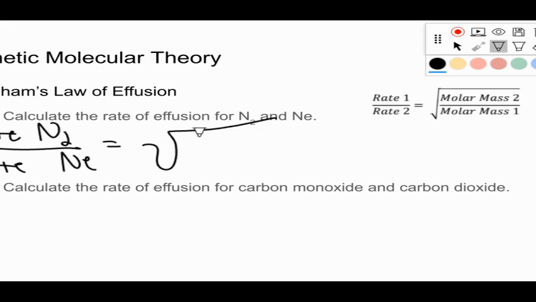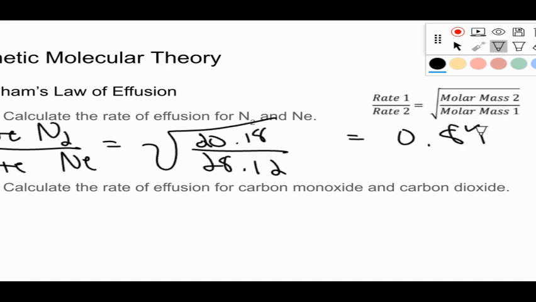So neon's mass is 20.18 over the mass of N2, which is 28.12. Whenever I work that out, it ends up being 0.849. And the unit for these is usually milliliters per minute.